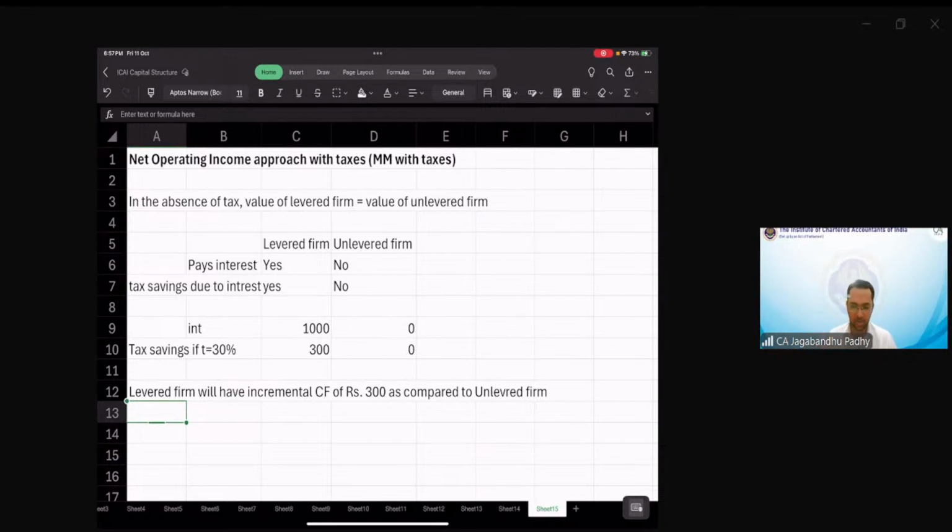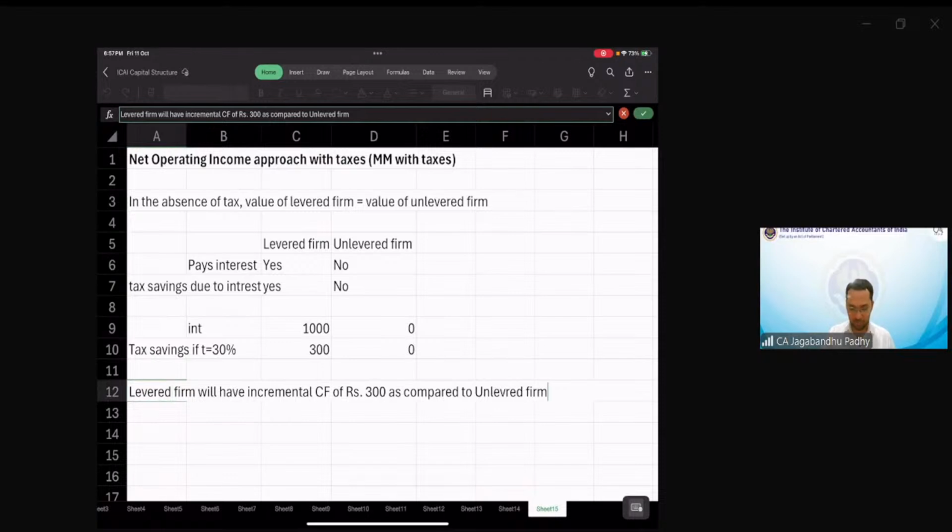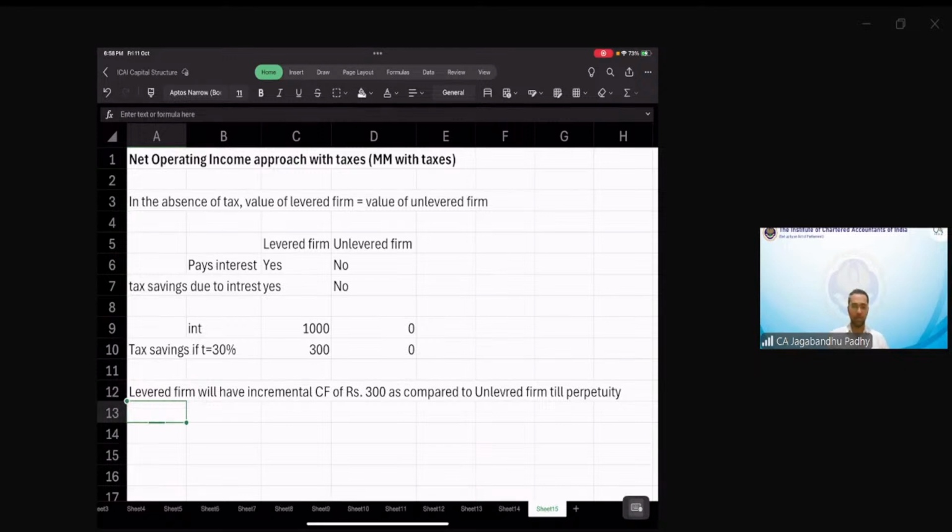Till perpetuity, right? So the levered firm will have an incremental cash flow of 300 as compared to the unlevered firm till perpetuity.